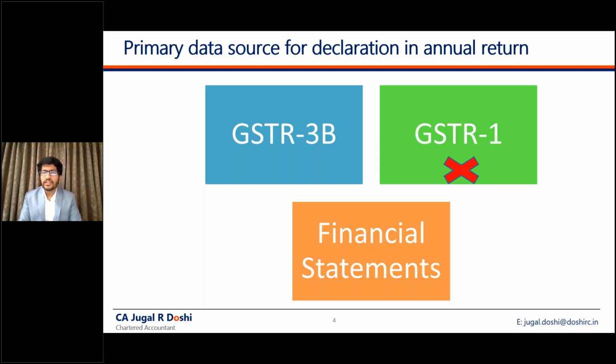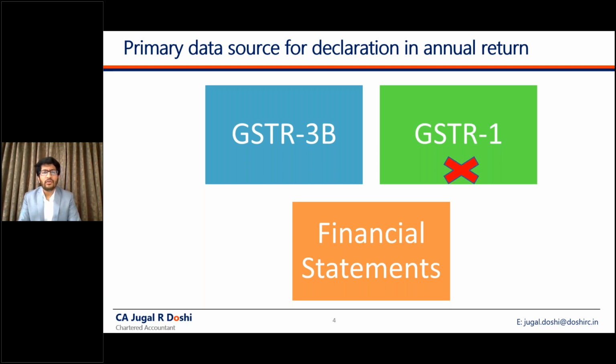First thing, GSTR1 is not to be referred. The simple principle we are going to apply for GSTR1 is that my GSTR1 should cross tally with my financial statements. I will identify the differences and amend my GSTR1. Amendments can be done through next month's GSTR1.